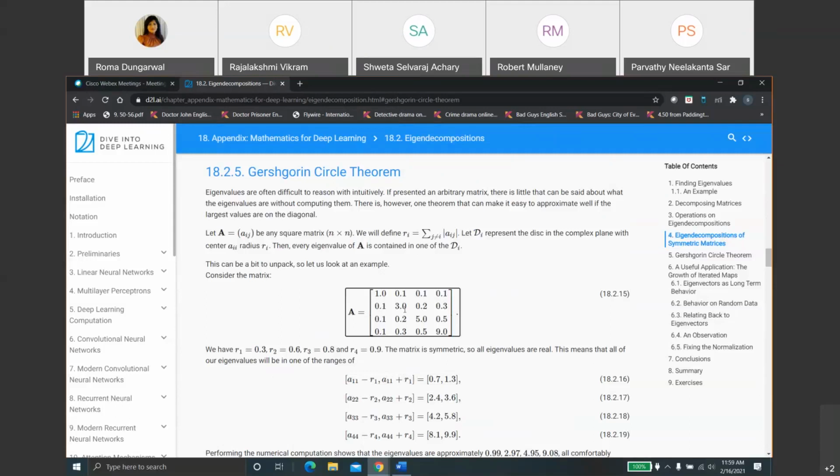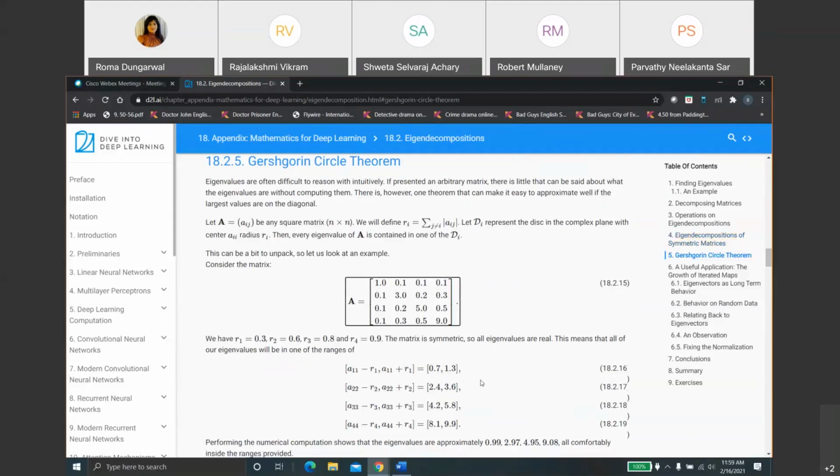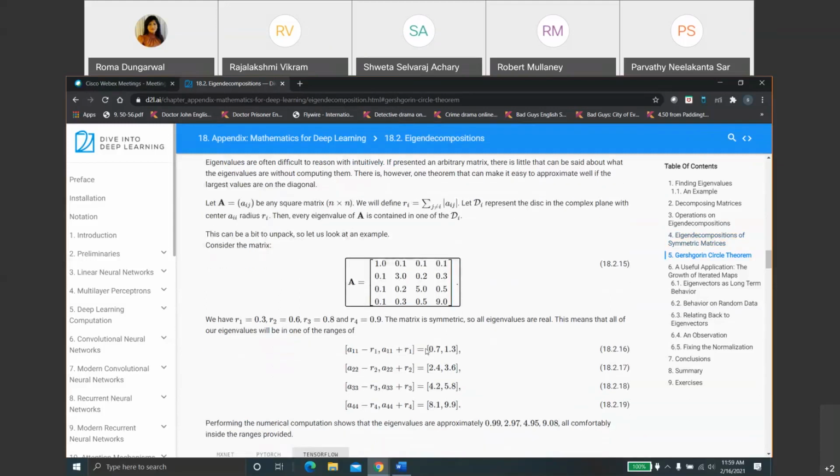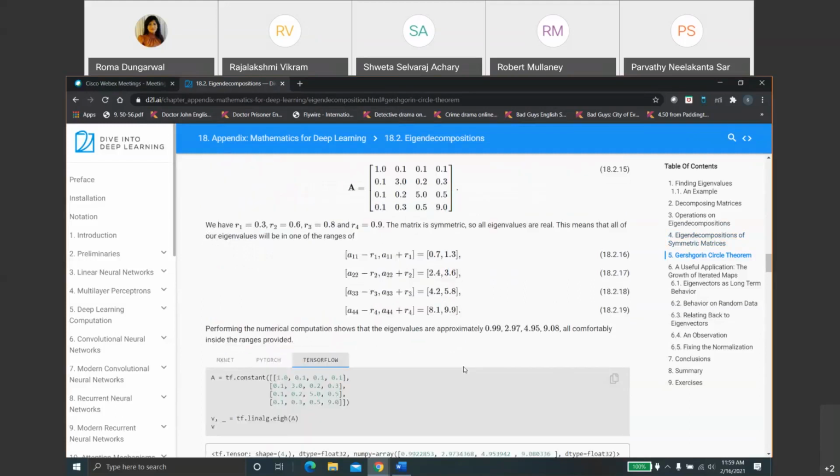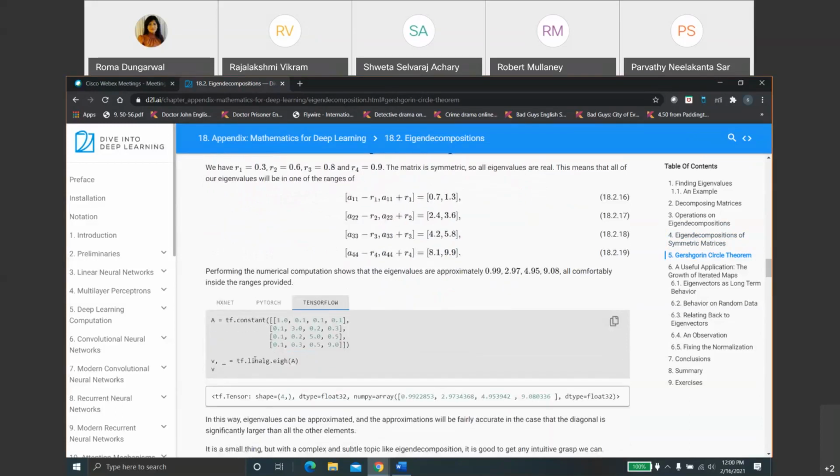A22 is your second diagonal element, and so on. So we know that lambda 1 will be somewhere between 0.7 and 1.3. Lambda 2 will be somewhere between 0.4 and 3.6, and so on. So when you calculate the eigenvalues by passing the matrix A, see, these are the eigenvalues. It's 0.9, and 0.9 lies between 0.7 and 1.3.